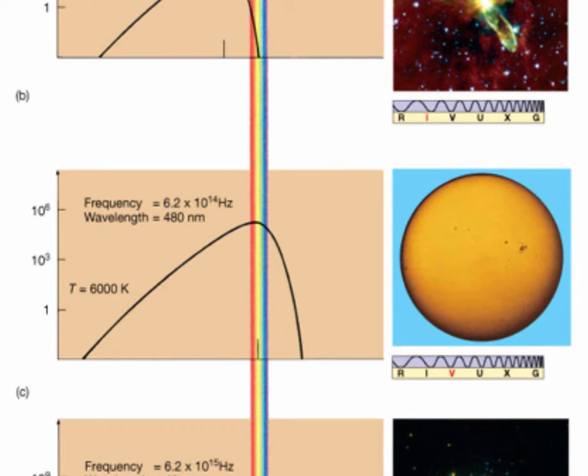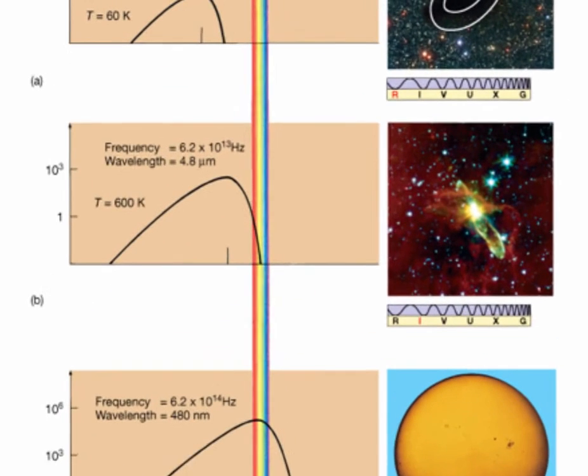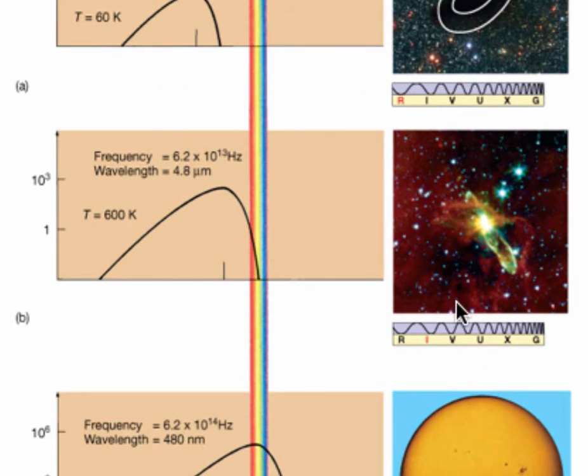Because it's yellow, that means its spectrum is peaking in the yellow, which we can see in the plot of the spectrum to the left of the sun. Most of its light is coming out in the yellow, although it is putting out light at both long wavelengths and short wavelengths.